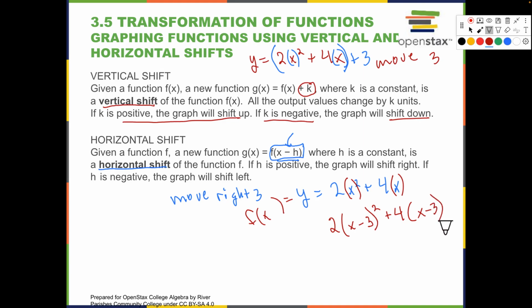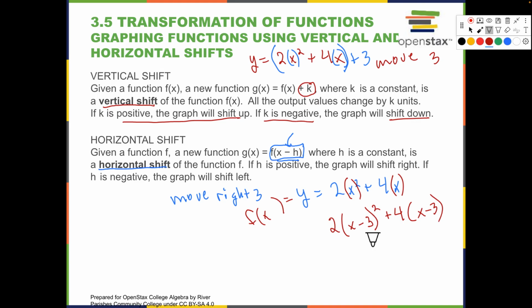So wherever there's an x, it becomes x minus 3. So that's how we do it. Again, it wasn't set up with these parentheses, but since we know we want to do a horizontal shift, it has to be in there. We have to know to add those.